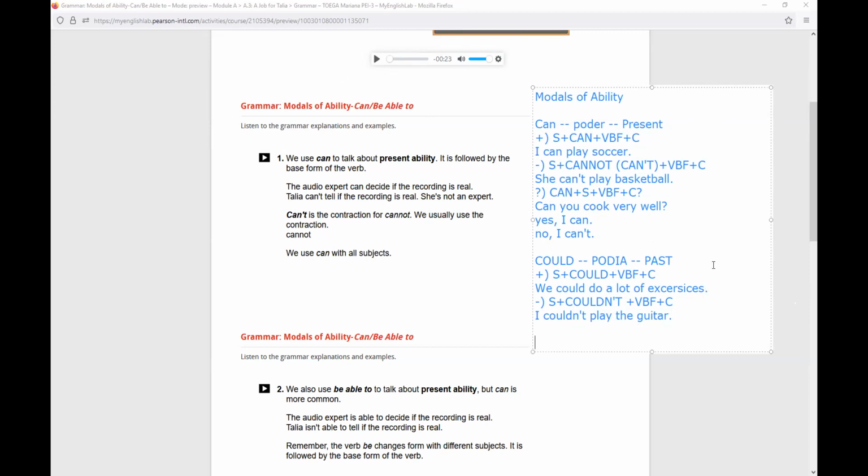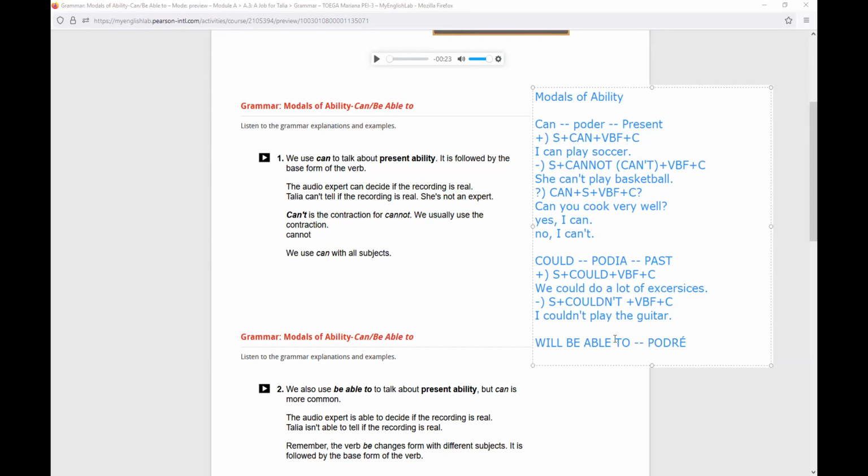The future of can, okay, because this is present, this is the past, and for future, it's going to be able to, okay? But in this case, as we are talking about future, will be able to, okay? Will be able to. So this means podré.